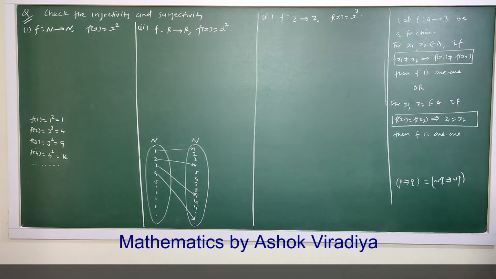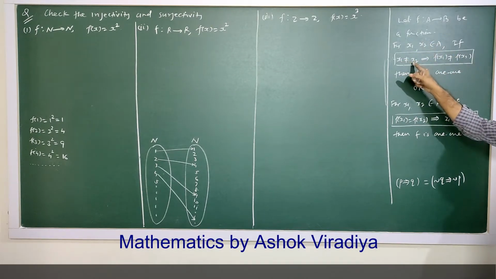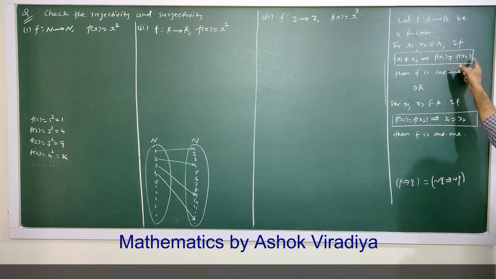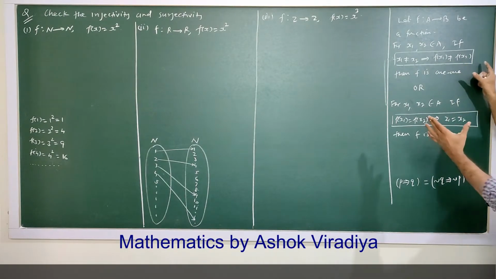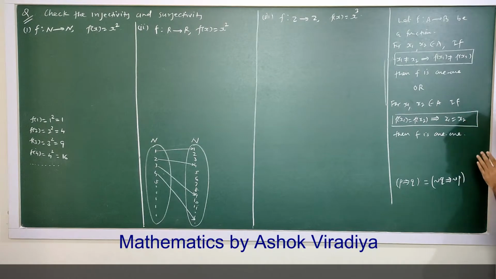So now remember that x1 not equal to x2 implies f(x1) not equal to f(x2). Its logically equivalent statement is f(x1) equal to f(x2) implies x1 equal to x2.